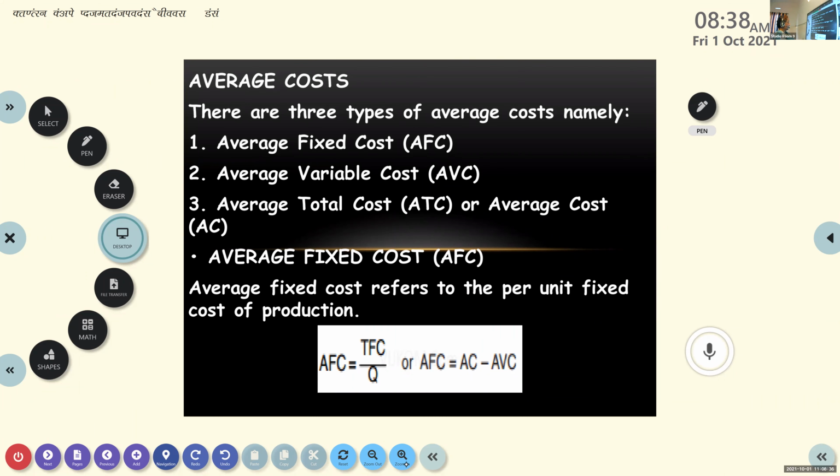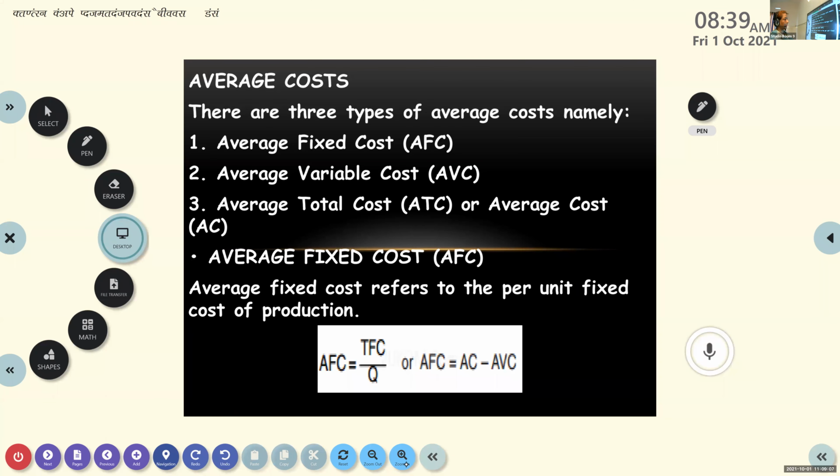Okay. Now, we discussed average fixed cost. There is a formula to get average fixed cost. What is that, Vishnu? AFC is equal to TFC by Q. If total fixed cost and quantity are given, we can get it in that manner.